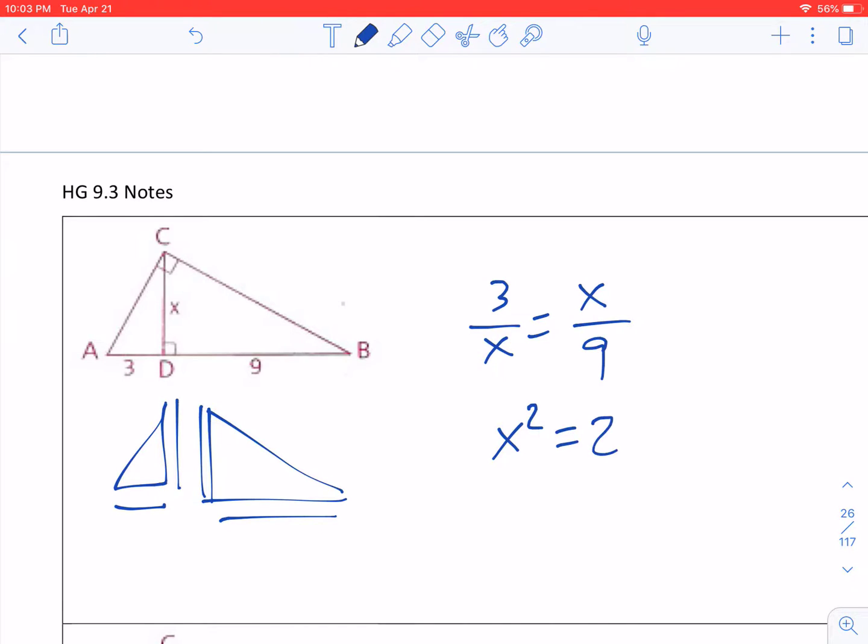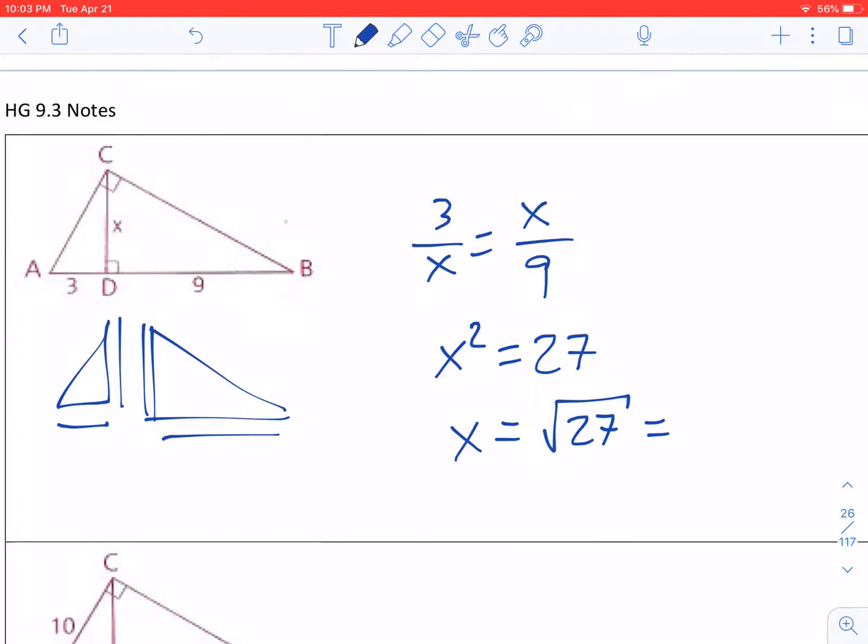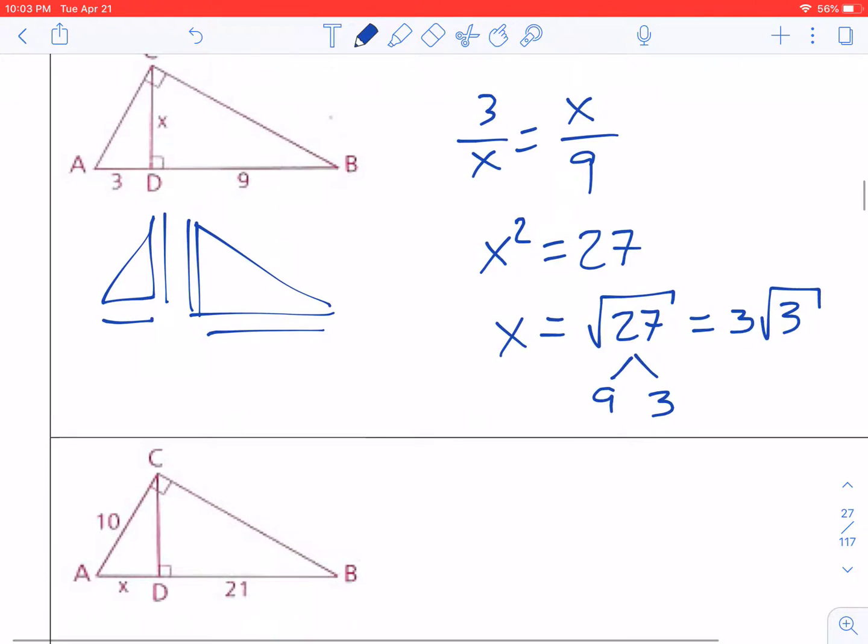This means x squared is 27. This means x is the square root of 27. Again, we can ignore the negative and just rely on the positive, because we cannot have a negative distance. Hopefully that's not a mystery how I got 3 radical 3. Again, you're breaking this into perfect squares and pulling out the largest possible.